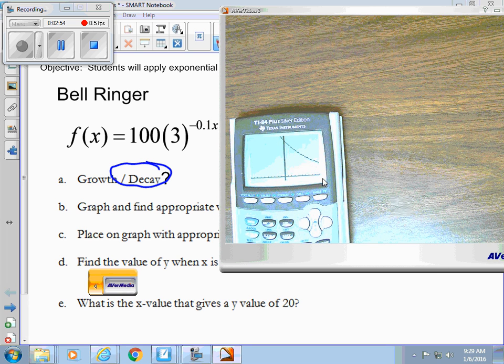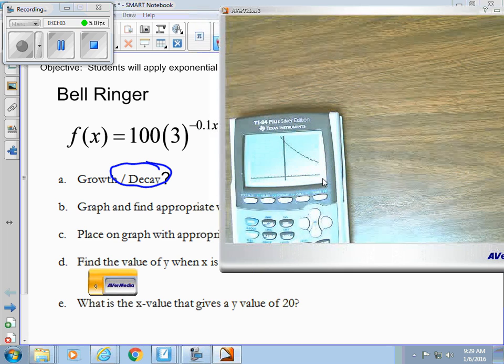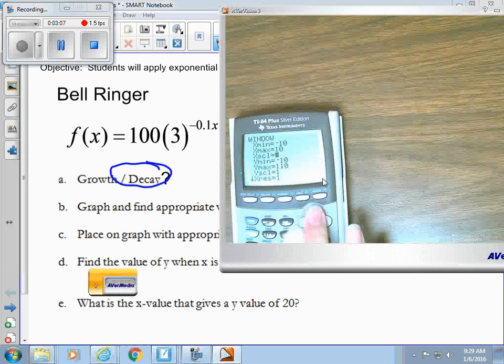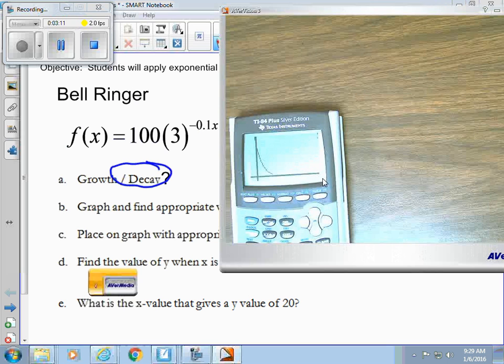I'm only going from 0 to 10 on my x's. What would you suggest? Go out farther on the x-axis as well. Someone said 100. Let's try it. Let's see. That's plenty to get a good picture. Probably wouldn't even have to go that far. That's fine.